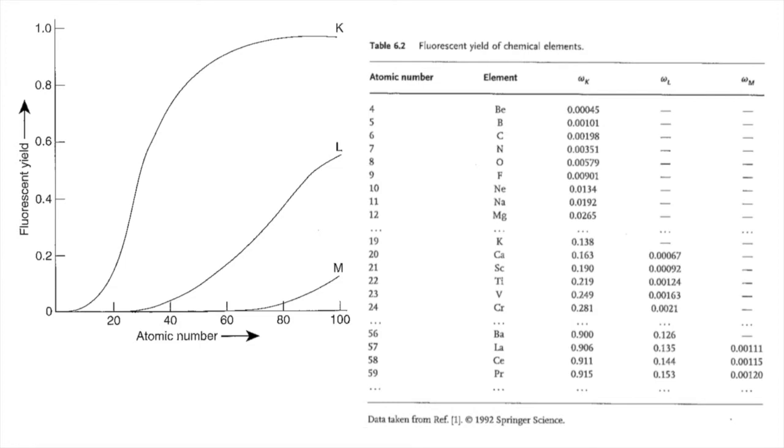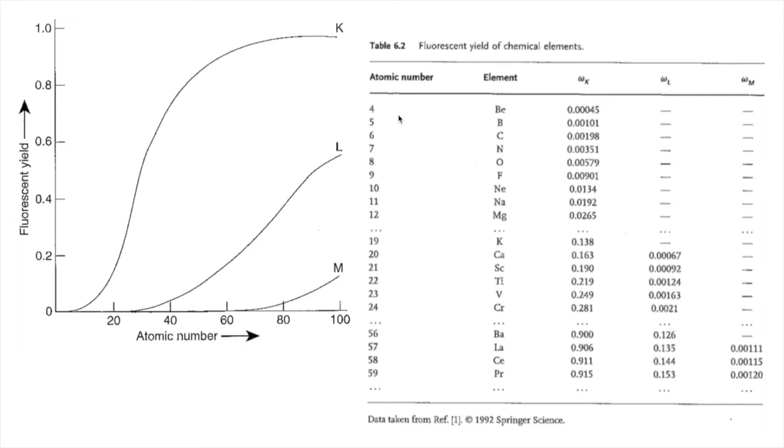The other thing we notice is that on these very low elements, you'll see that it only starts at 4 here. The yield is 0 for lower than 4.